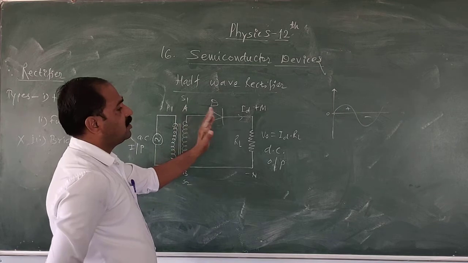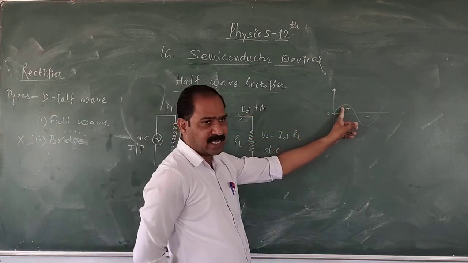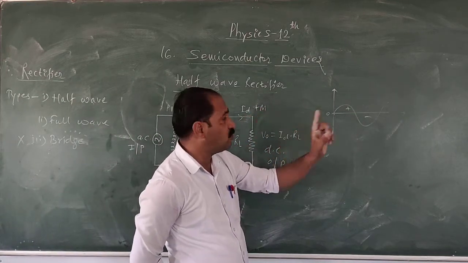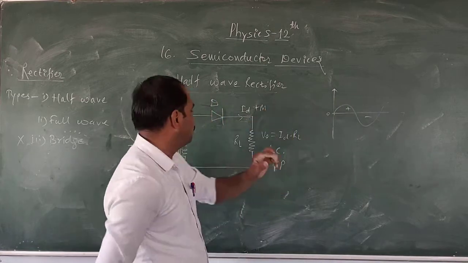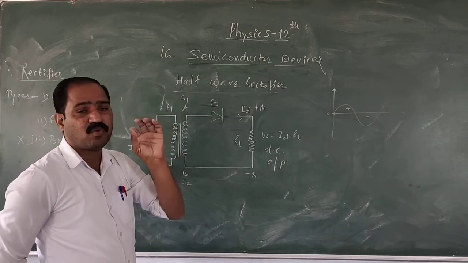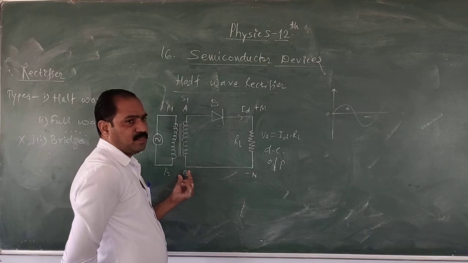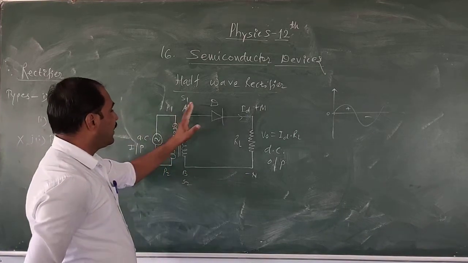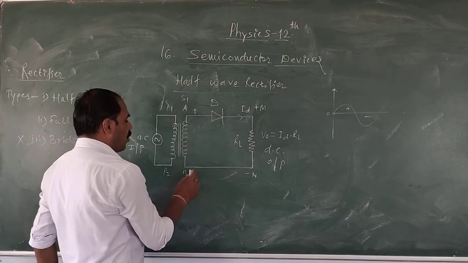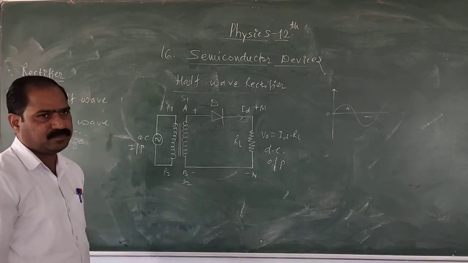Means suppose here for the positive half cycle of the AC, point A is at the positive potential with respect to the point B. Means यहाँ पे क्या है, point A क्या होगा, पॉजिटिव होगा, और point B क्या होगा, नेगेटिव होगा.